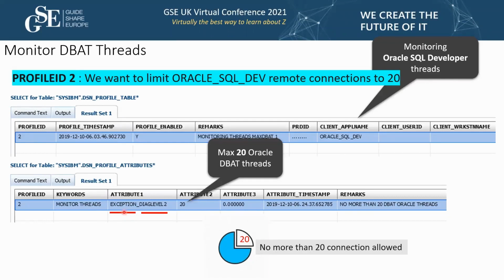Now it is exception diagnostic level 2, so medium level of information, and my trigger value is 20. So when I activate a profile like this, I will assign not more than 20 connections coming from Oracle SQL Developer. And this is a strategy to limit other non-core business applications.